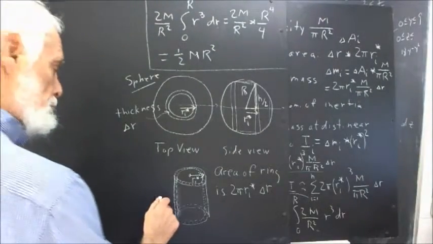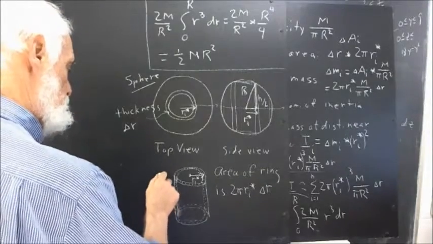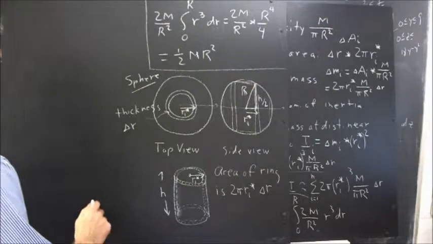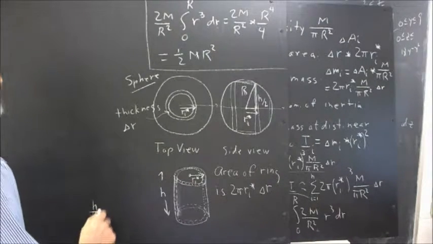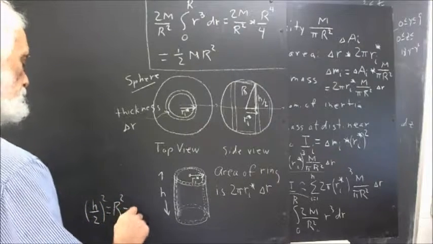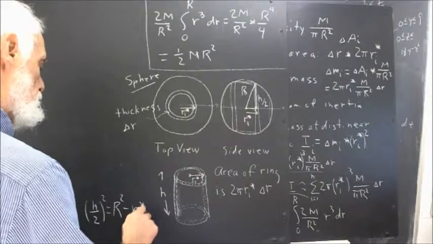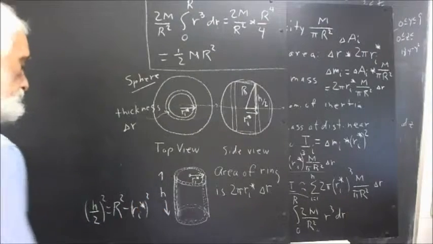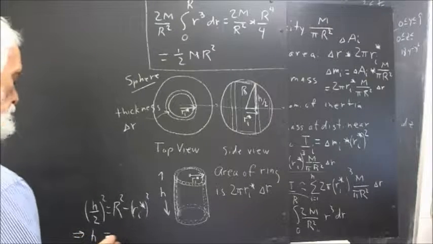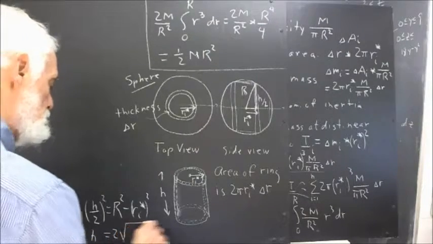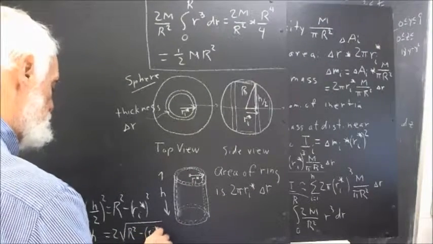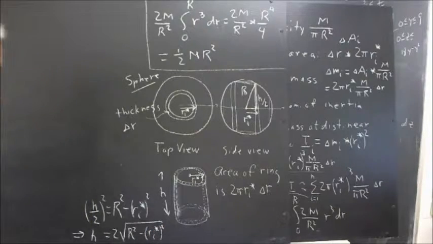So we could say that if h is the height of this shell, then h over 2 quantity squared equals big R squared minus little r sub i star squared, so that h is going to be 2 times the square root of big R squared minus little r sub i star squared.